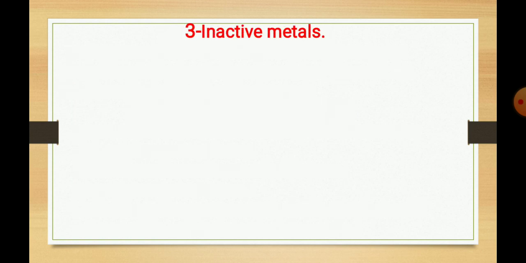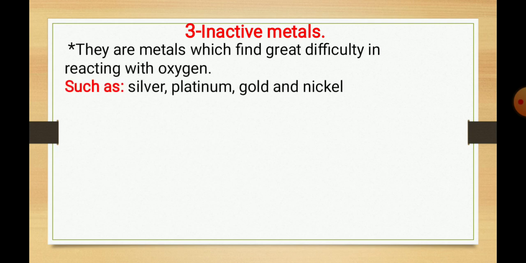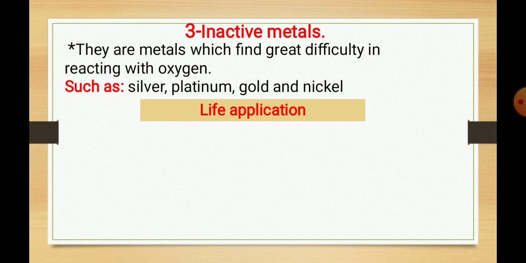And finally, inactive metals. We'll start with its definition as usual. They are metals which find great difficulty in reacting with oxygen. Examples: silver, platinum, nickel, gold, and chromium. What about the life application?